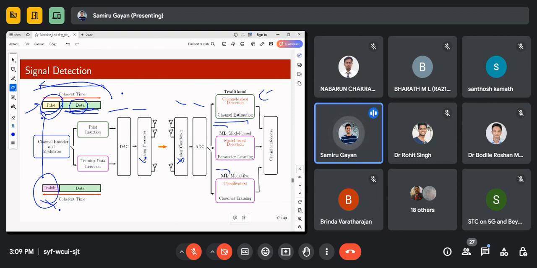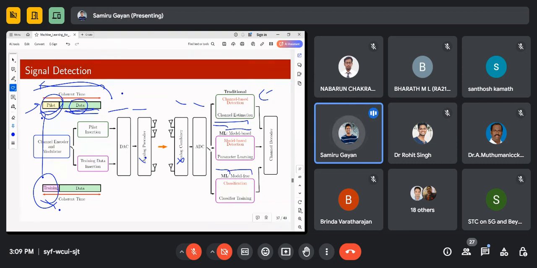For example, if we know the channel at the receiver, we can feed the channel into the setup. If we know the noise distribution, we can feed that into the model. If we know there is some non-linearity associated with the ADC, we can feed that information into the model, so that you can increase the accuracy. This is also called physics based machine learning, which also comes under model based. That means we give whatever we know.